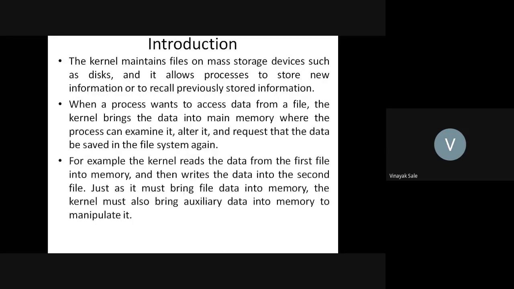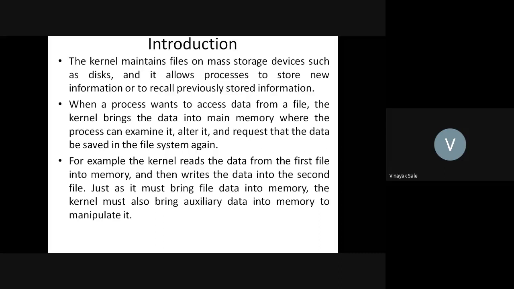So in the introduction, the kernel maintains files on mass storage devices such as a disk, and it allows processes to store new information or to recall previously stored information.